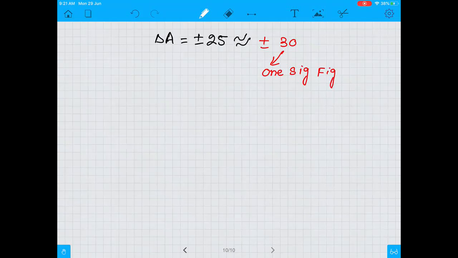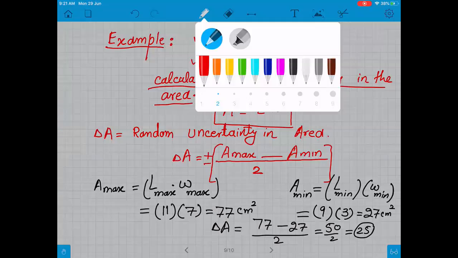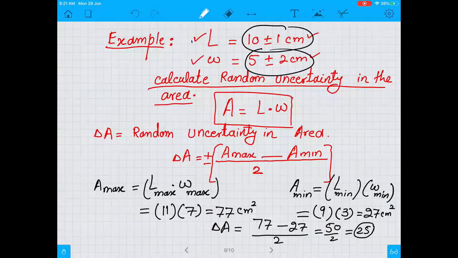Now in this example, as you see, two values were given. One of them was length and the other value was of width. The question was to calculate random uncertainty in area, that is the product of length and width. To calculate random uncertainty in the area, you need to calculate the maximum area, then the minimum area, then maximum minus minimum would be the range.